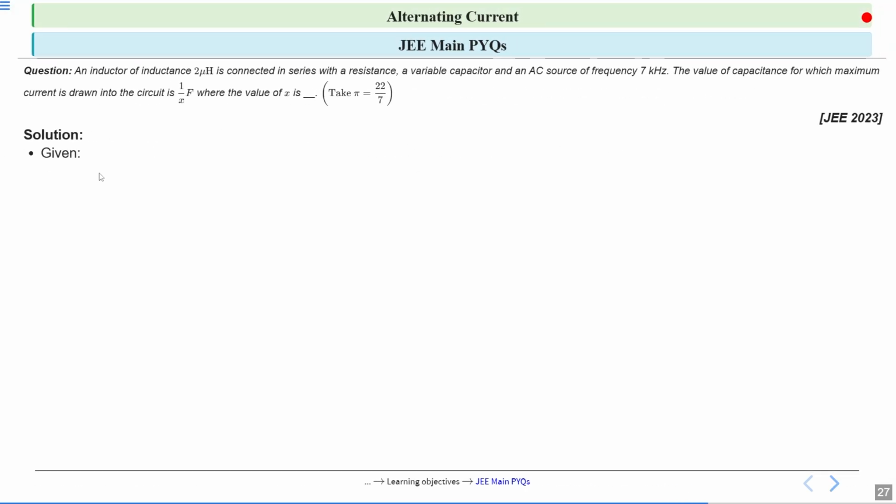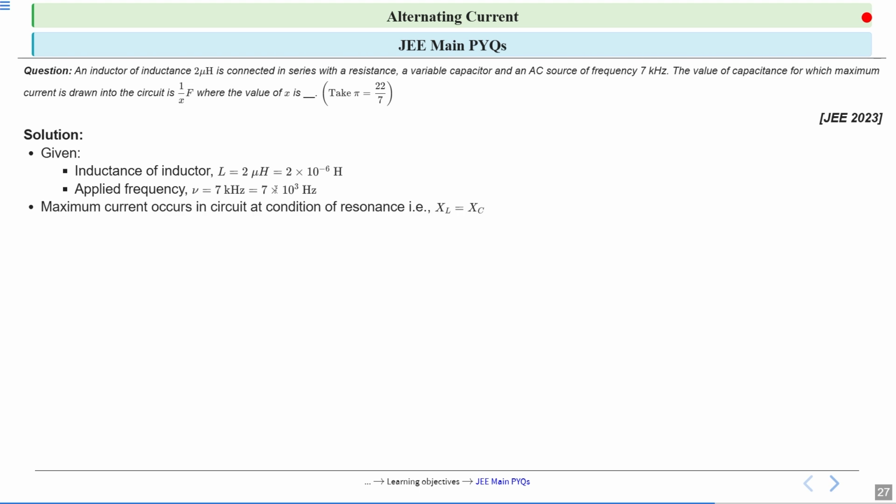So what is given in the question? Inductance of the inductor is L equal to 2 microhenry, which is 2 into 10 to the minus 6 henry. Applied frequency nu is equal to 7 kilohertz, which is 7 into 10 to the power 3 hertz. Maximum current occurs in the circuit at the condition of XL equal to XC. This is the condition of resonance, which is given in the question for maximum current.